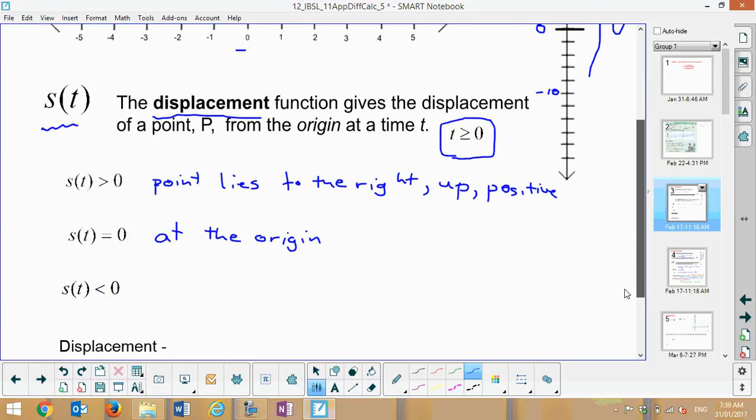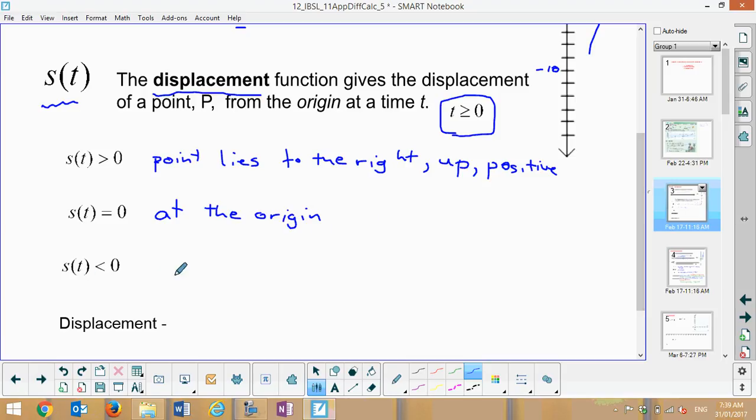So if our displacement is less than 0, then our point, particle, person, whatever we're looking at, lies to the left, or down.